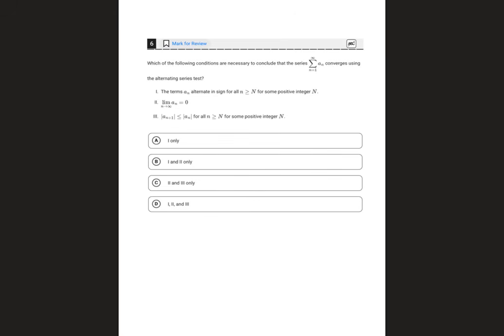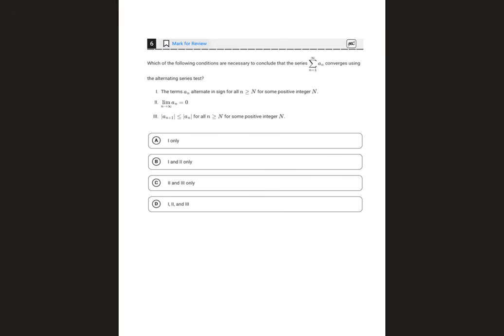Okay, which of the following conditions are necessary to conclude that the series from n equals 1 to infinity of an converges using the alternating series test? So really, what are the conditions necessary to say that a series converges by this test.